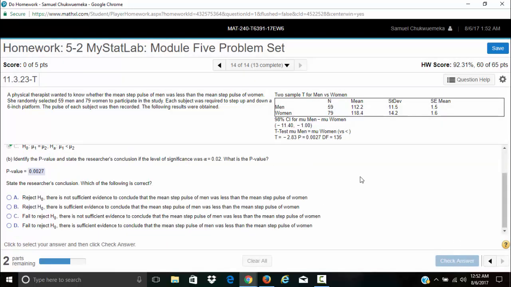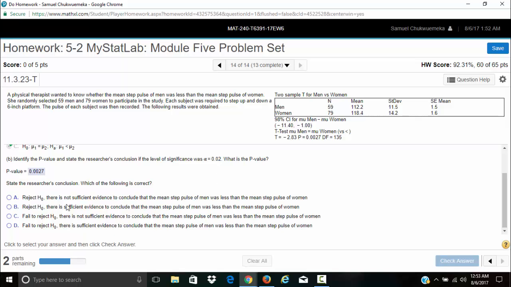State the researcher's conclusion. Which of the following is correct? So the p-value is 0.0027. The level of significance is 0.02. So we see that the p-value is less than the level of significance. And if the p-value is less than or equal to the level of significance, you reject the null.